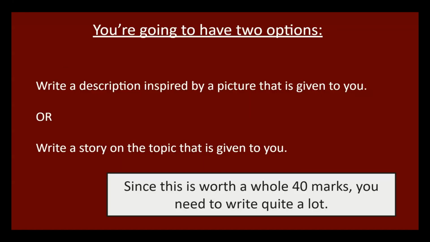You're going to have two options: write a description inspired by a picture that's given to you, or write a story on a topic that is given to you. And the thing to remember is that you are not being graded on your ability to stick to writing only according to that picture or that prompt. They are assessing your writing skills.